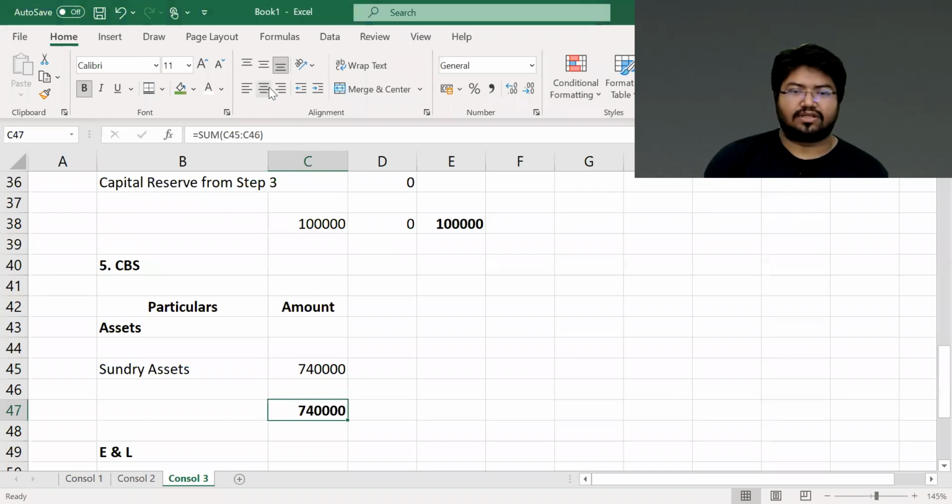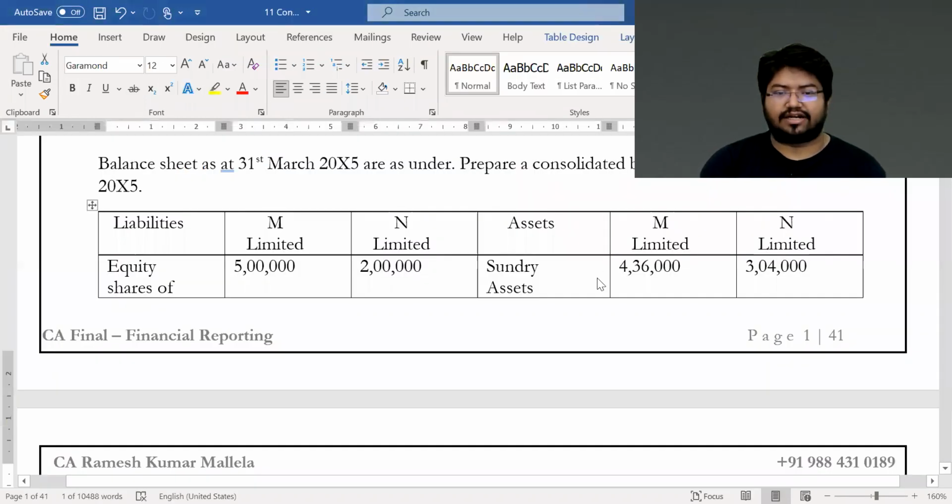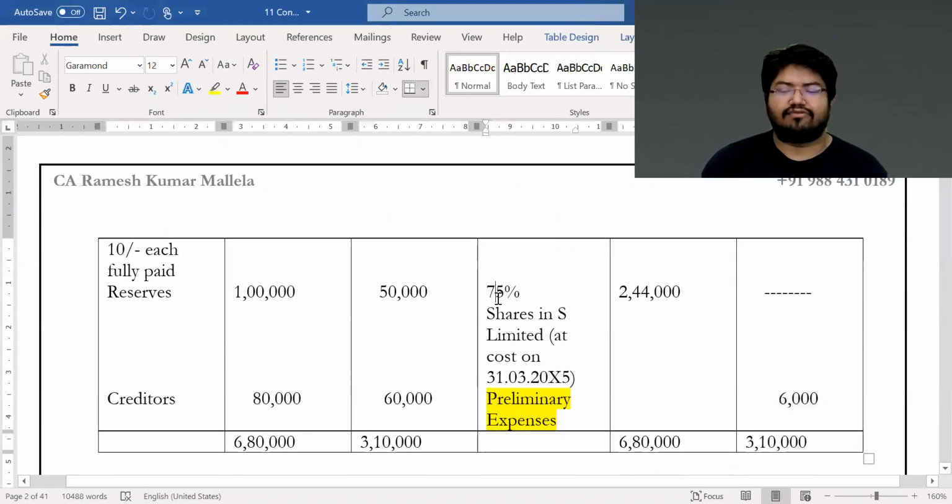Reason being, apart from sundry assets, you only have investment in child and preliminary expenses. Investment in child is used in step 3. Preliminary expenses are taken to step 1. So these are already consumed into our workings. So we don't have this value at all right now. Okay. So let us close this off.